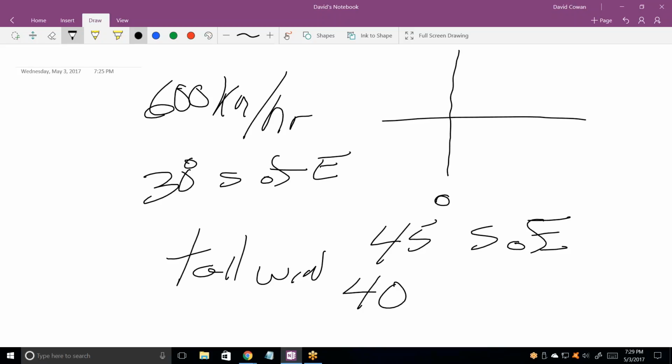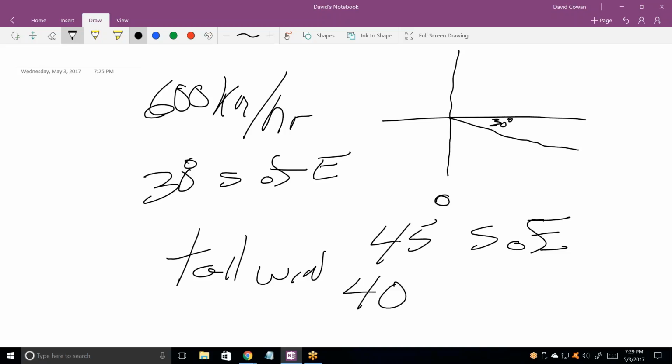"30 degrees south of east." It's not the way bearings are usually given, you know. Bearings are usually given east of north. But that's okay, as long as we can figure it out. That's what they're talking about, I believe. Right? Isn't that south of east? Okay.